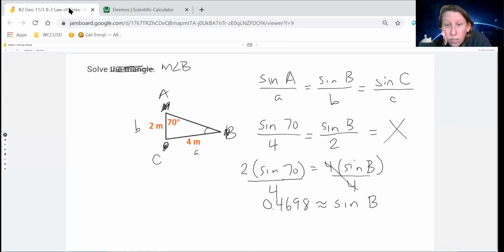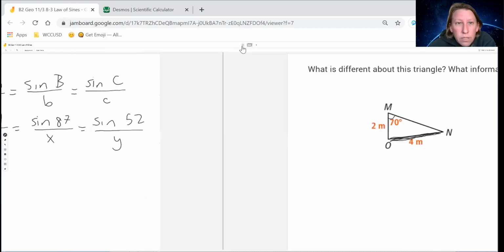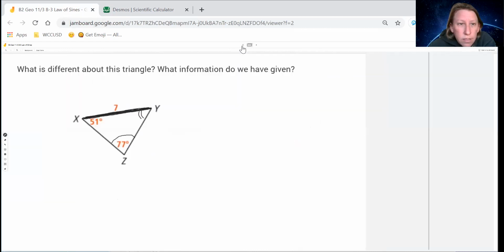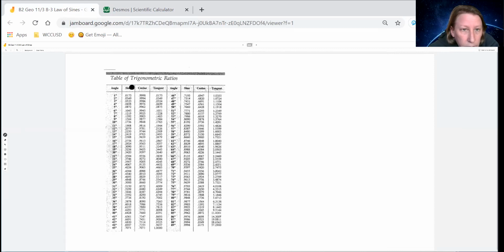There's a few ways to do this. The way that I like to do it is on the table. So I'm going to go back to my table slide and look for this number in the sine row. 0.4698... 0.46. So I'm looking in the sine row. 0.4695. That's pretty close. Okay, so what angle size has a sine of 0.4695?